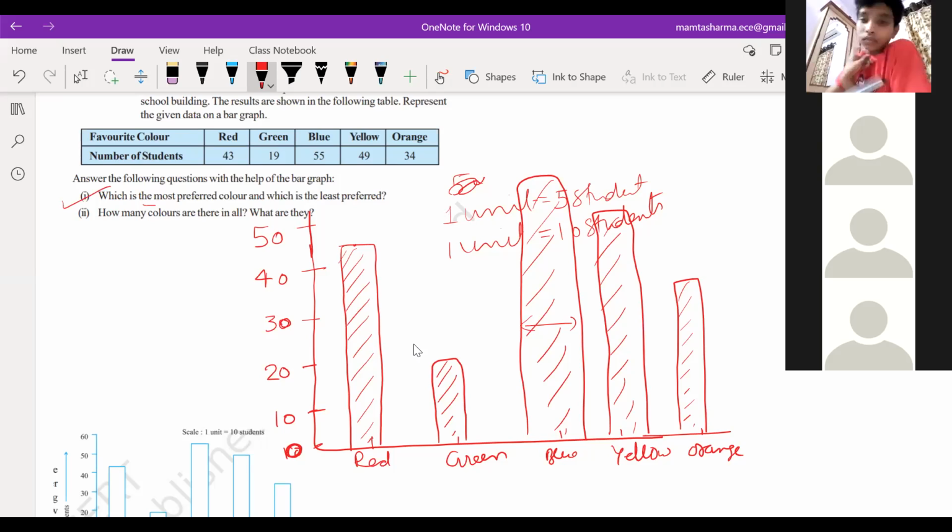Which is the most preferred color and which is the least preferred? The most preferred color will be that color in which the height of the bar is maximum. Blue, ma'am.